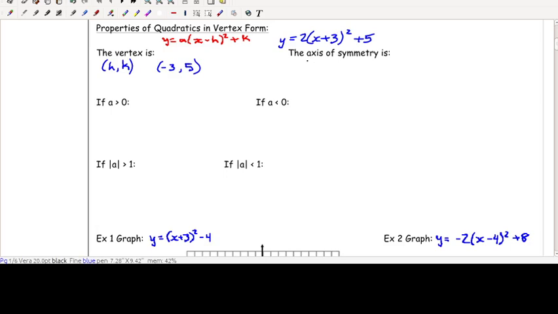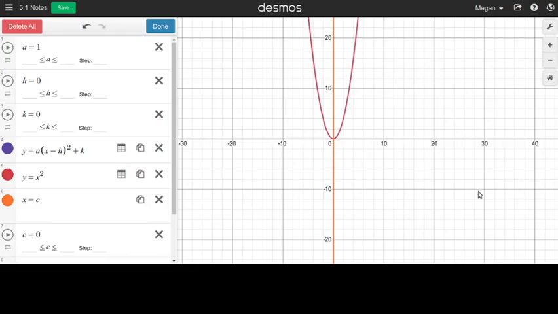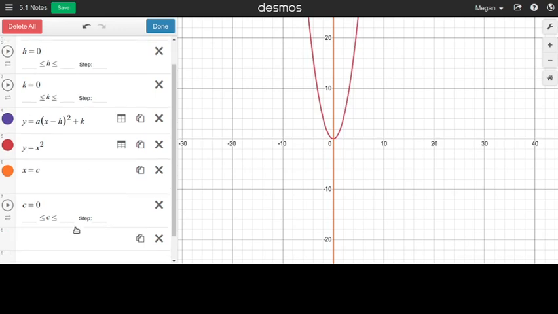The next thing asks me, what is the axis of symmetry? Well, in order to figure that out, let's head back to Desmos. So we can see again that our parent function has this nice axis of symmetry right through x equals 0. And again, that's the line here, x equals 0.